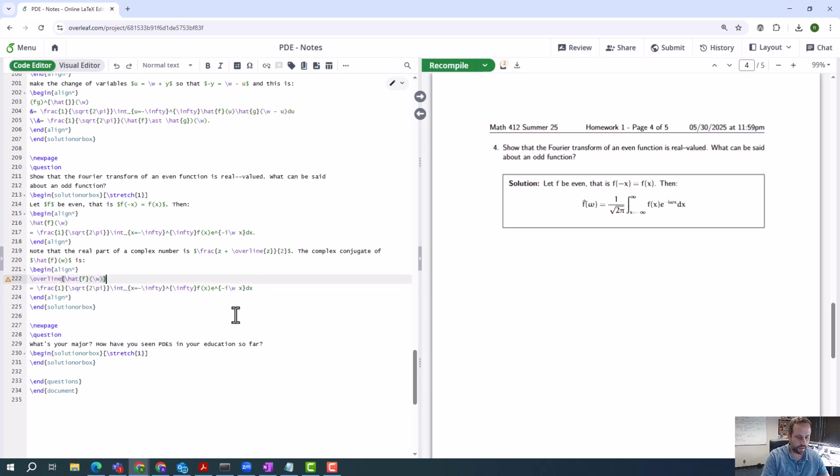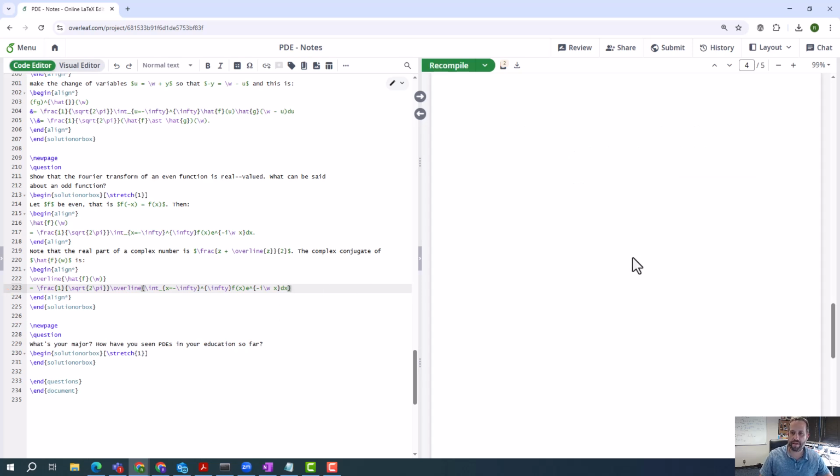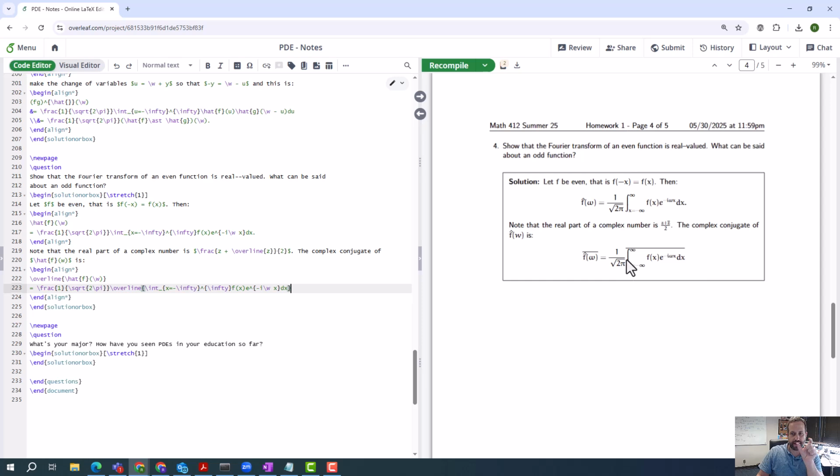We're going to look at it to see what we have. The complex conjugate of the integral is just equal to the integral of the complex conjugate, so we can put the complex conjugate on the inside of the integral.